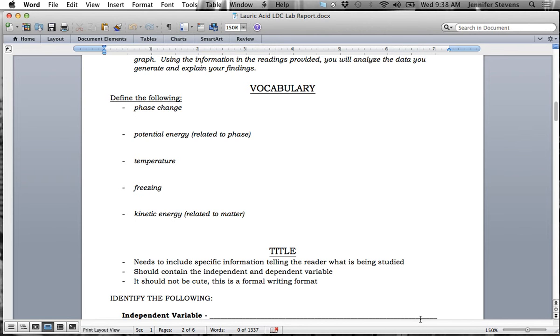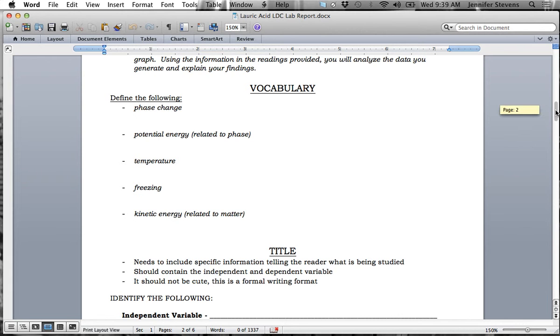You need to show me that you understand what these words mean by their appropriate use within the context of your lab report. So I will be checking to make sure that you have defined them here, and if you have questions about your definitions, please ask, but in terms of the actual written lab report itself, you want to make sure that you're actually using that information.